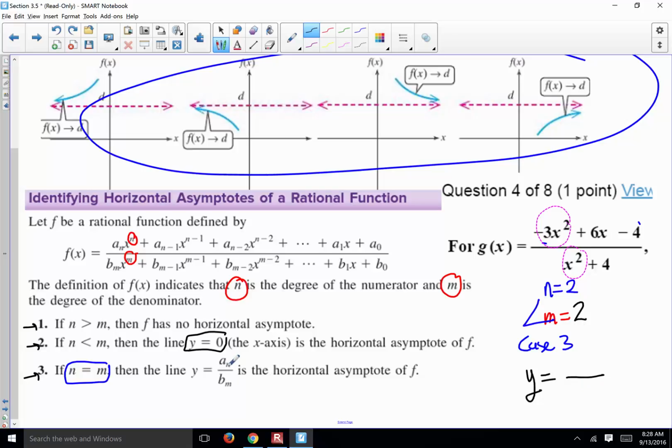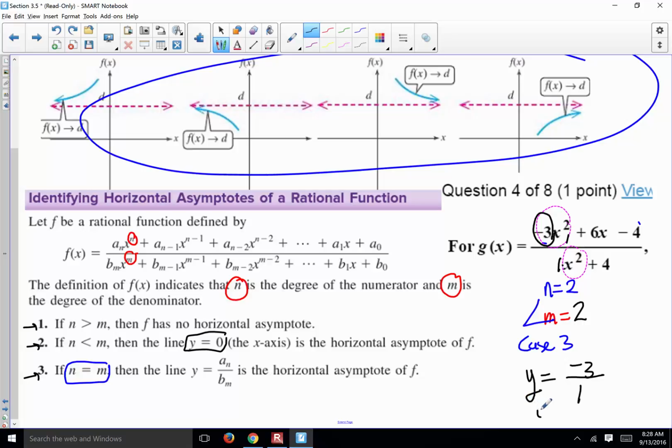What are these numbers? How do you search for them? A sub n, b sub m. Where do you find them? They are the coefficients of the top and bottom leading terms only, not everything else, just the leading term coefficients.